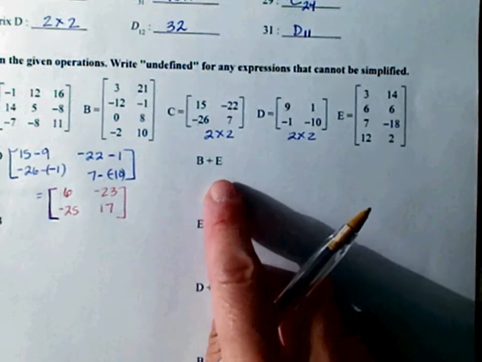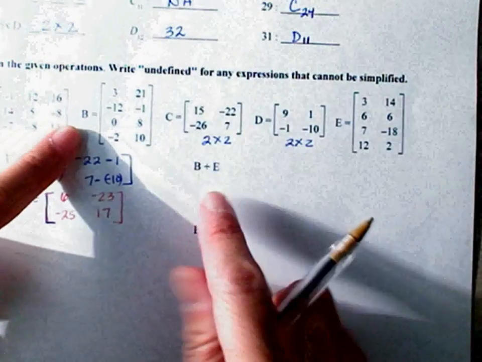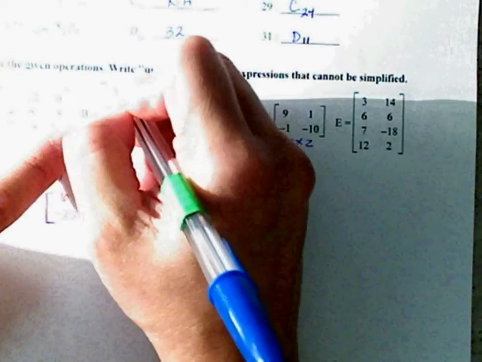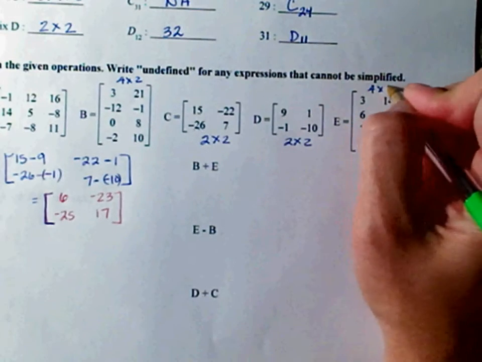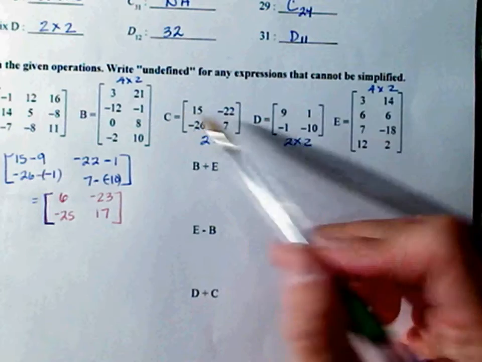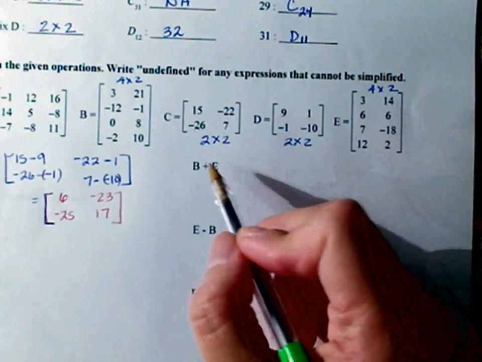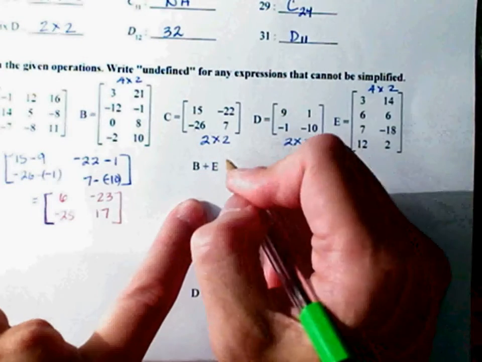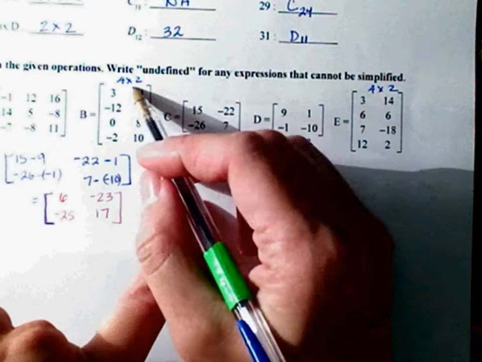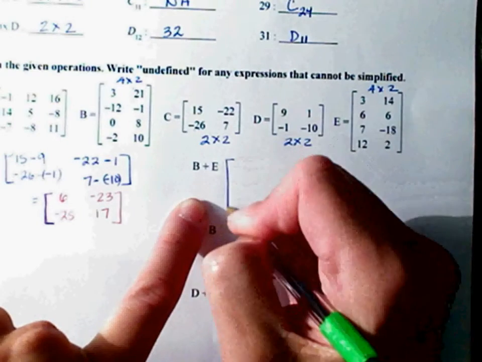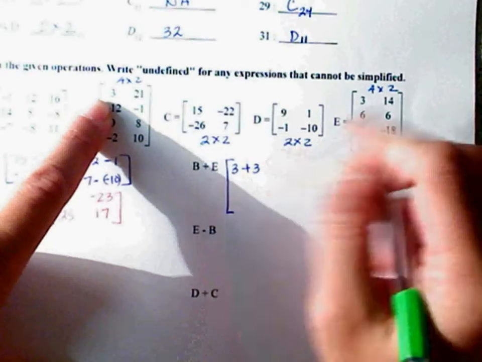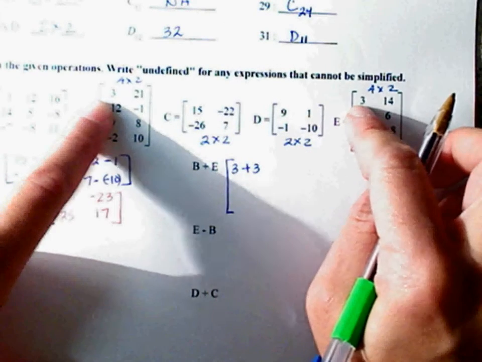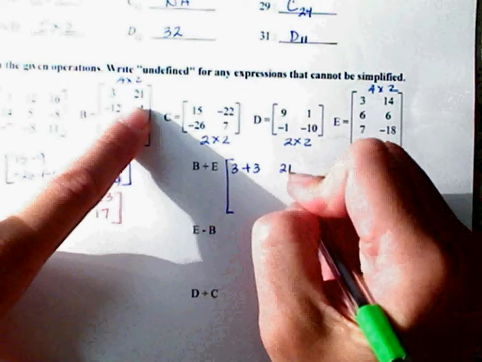B plus E, okay? B is a 4 by 2, and E is a 4 by 2. Since they have the same dimension, you can add or subtract these two. So let's take a look. Your new dimension should be the same one, 4 by 2. All right? So you're going to have 3 plus 3, okay? 21 plus 14.